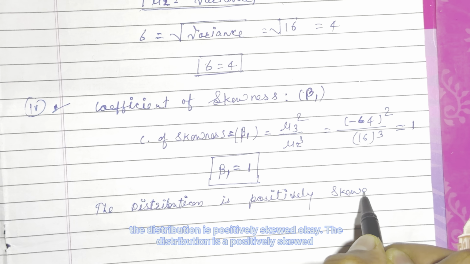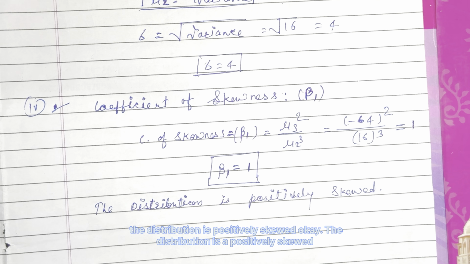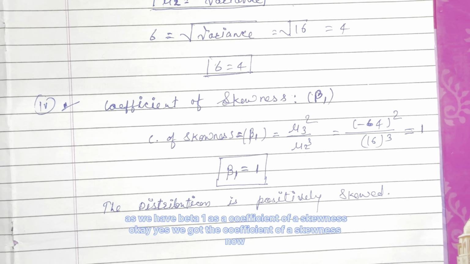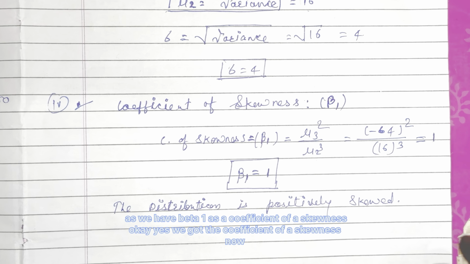Okay, the distribution is positively skewed, as we have beta 1 as the coefficient of skewness. Yes, we got the coefficient of skewness.